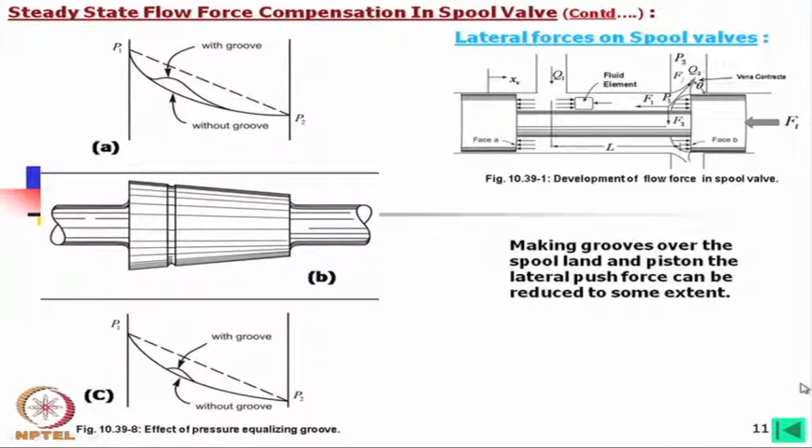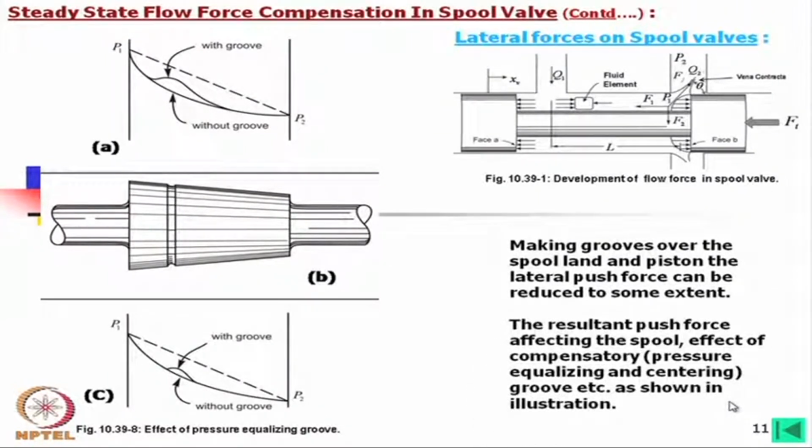That is why, if you observe a spool, you will find on the spool there are grooves. Providing such grooves has other problems, or merits and demerits. Within this groove sometimes the dust particles are accumulated, that gives problems later.